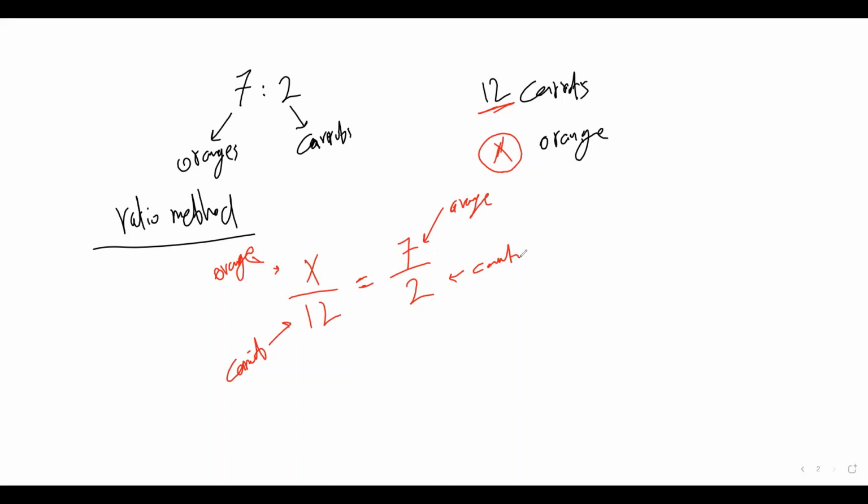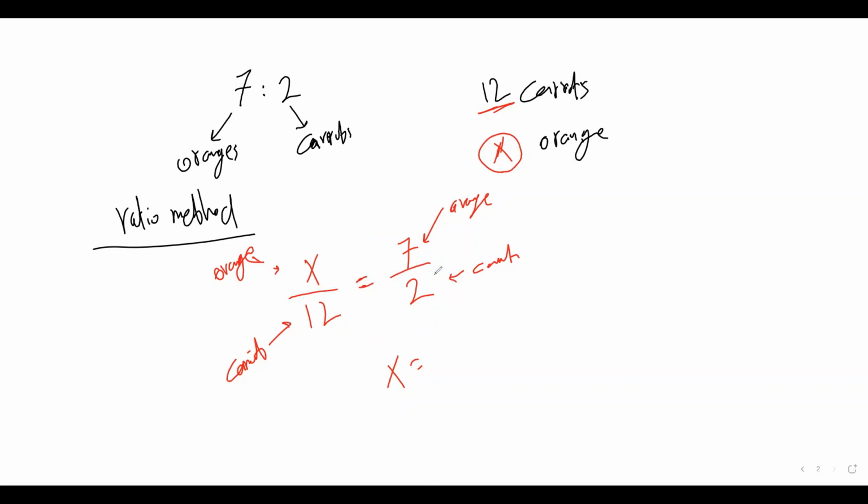If on the left hand side you have orange over carrot, you should do the same thing on the right hand side. You cannot put carrots on top, so be very careful. As long as you stick to this concept that the numerator should be representing the same quantity and the denominator is the second quantity, everything should be fine.